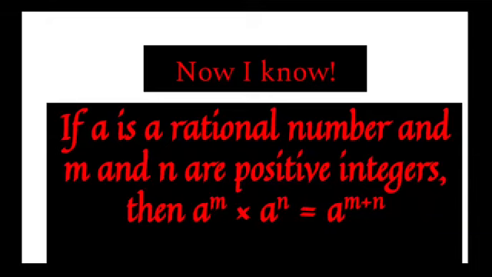Rational number means all numbers are rational numbers, but the denominator should not be equal to 0. So here a, which we are considering, is a rational number and m and n are positive integers. So when they are positive integers and the operation is multiplication, always add up the index, that is the power or the exponent.